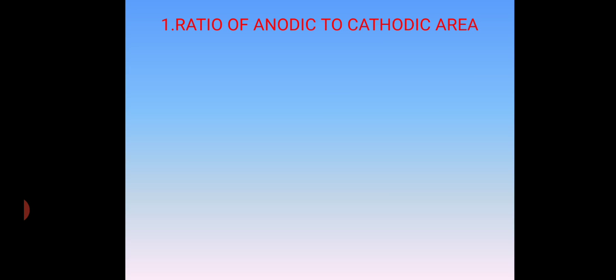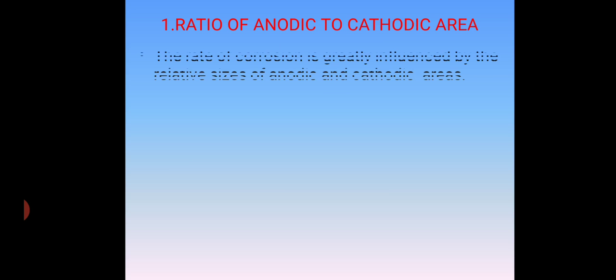That means when the ratio is such where anodic area is small and cathodic area is large, there will be severe corrosion. And on the reverse, if cathodic area is small and anodic area is large, then there will not be corrosion or very less corrosion.